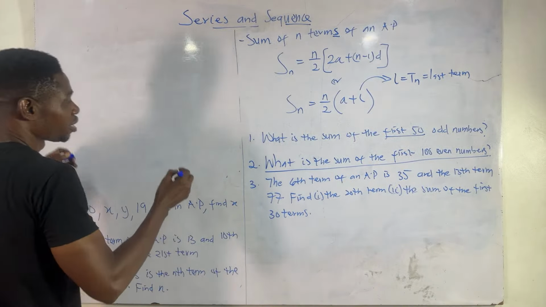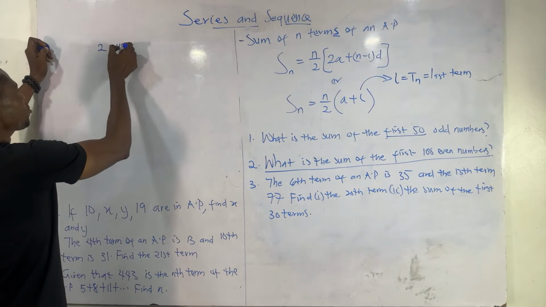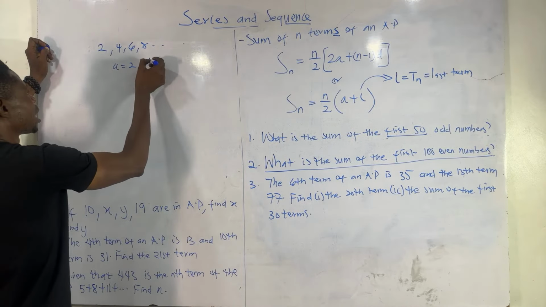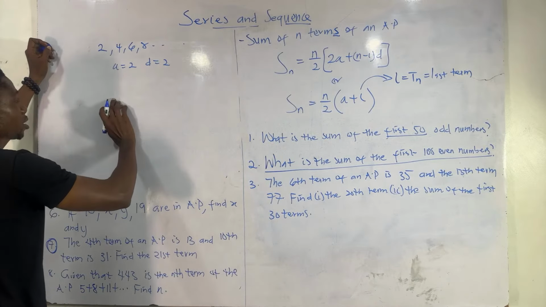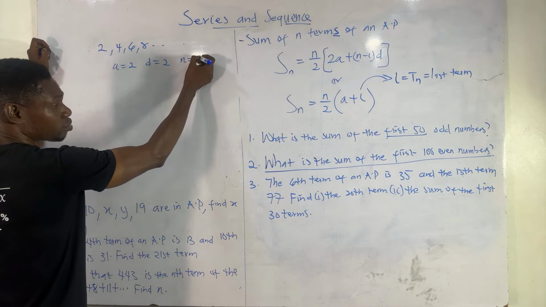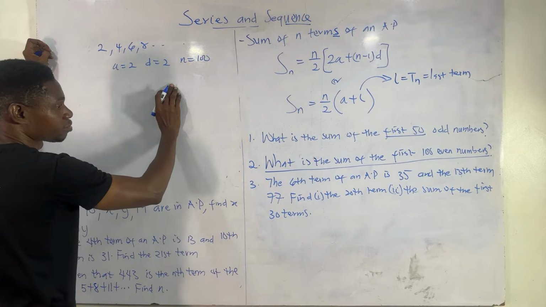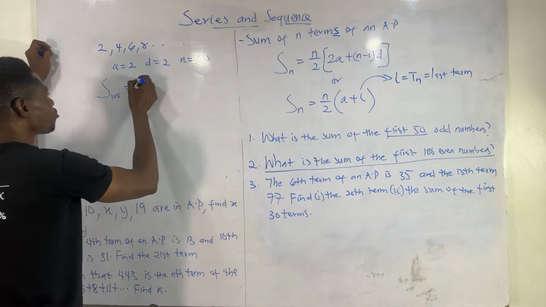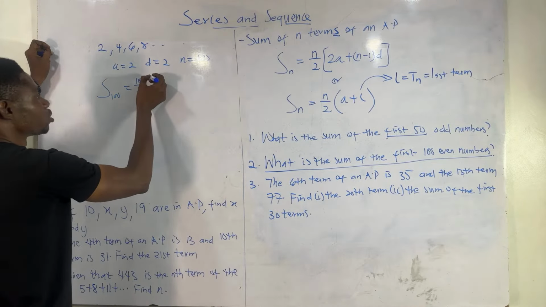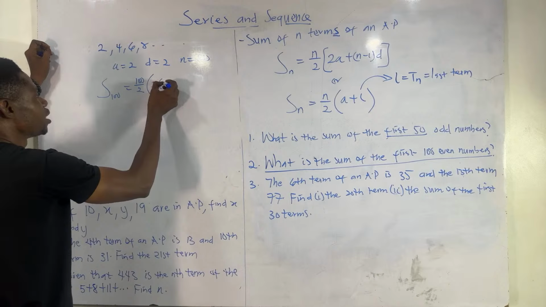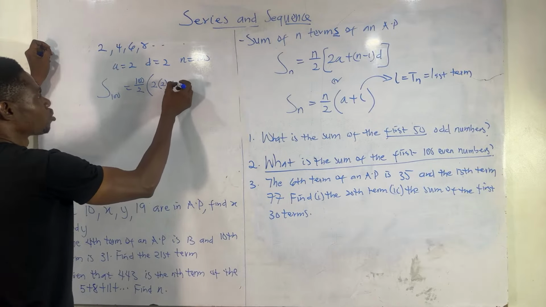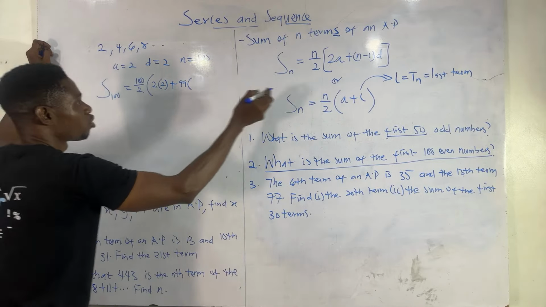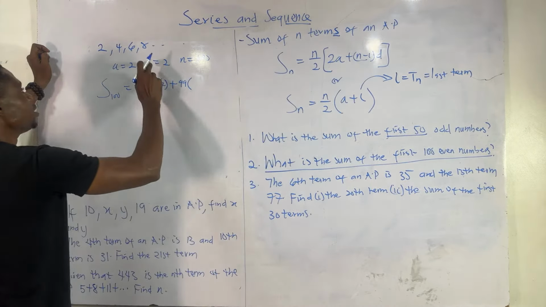Okay, so even numbers, we know there are 2, 4, 6, 8, and so on. Our first term is 2, and our common difference is 2, obviously. So our n is 100. So S100, using this formula again, we'll have 100 over 2 into 2 times a, which is 2, plus 99, that's 100 minus 1, times d, which is 2.